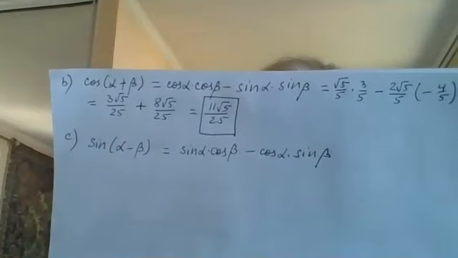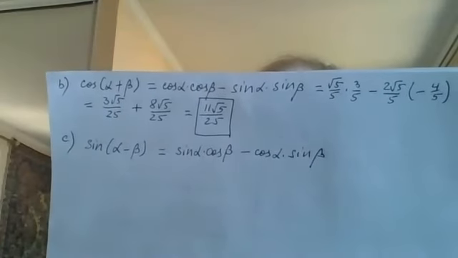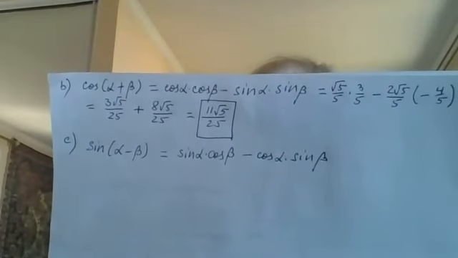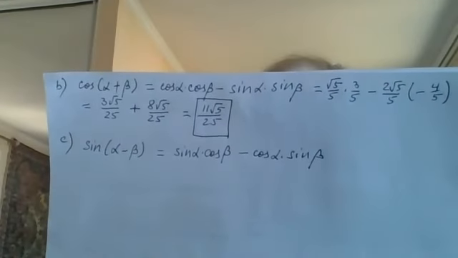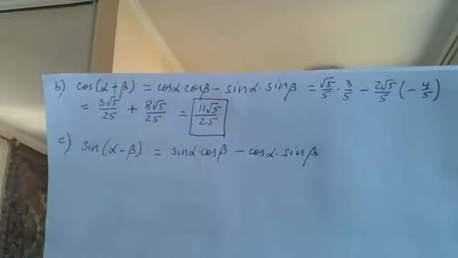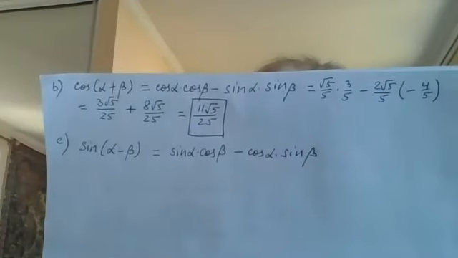This is my first step in the process. Now I am looking at each of the components. These are sine alpha and cosine beta, and I know values for both, and cosine alpha and sine beta, and I know values of these two as well. So just plug everything in.